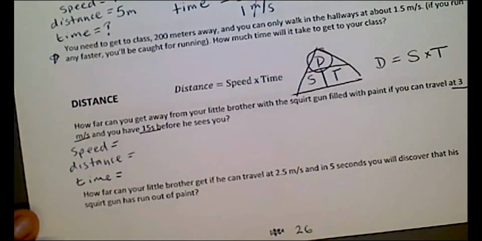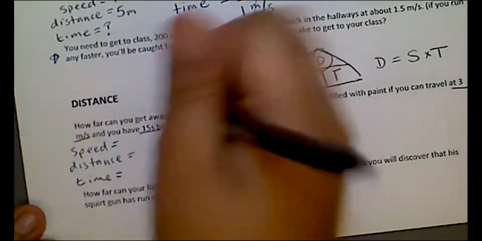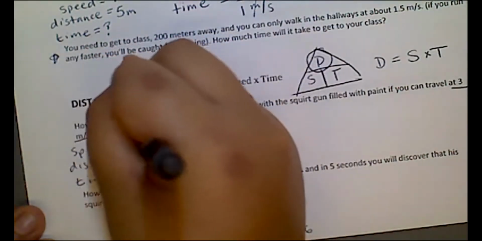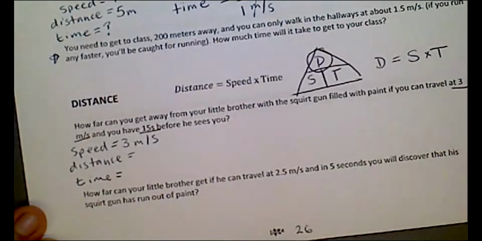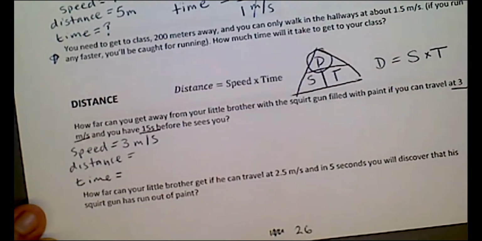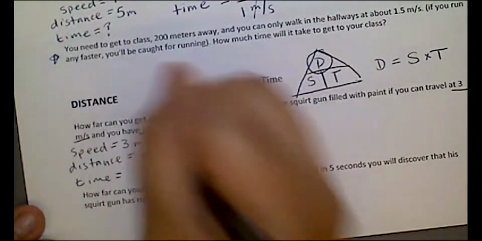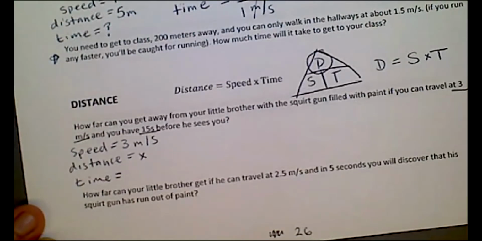Do I know the speed? Yes, right? So my speed is 3 meters per second. Do I know the distance? No. So I can put an X there. Do I know the time?